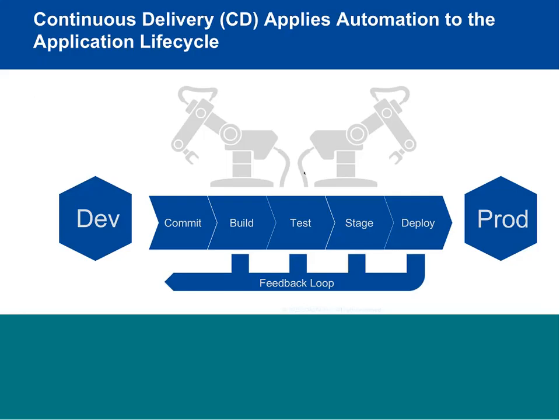Continuous delivery is a process of applying that automation to your application development lifecycle such that you can rapidly and reliably move from dev through to committing code changes, building those code changes, executing quality scans and tests, staging and validating the functionality, and then ultimately being able to reliably deploy those changes out to your customer base in production.